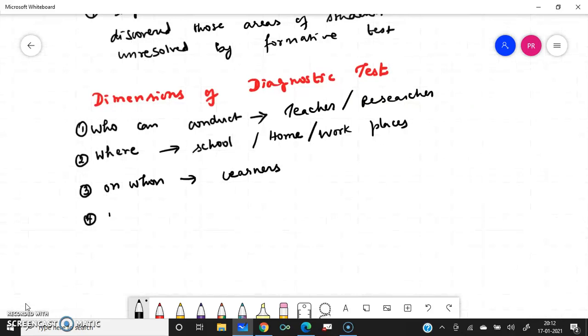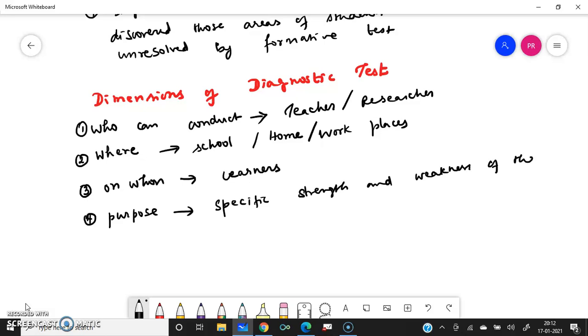Then what is the purpose of a diagnostic test? Specific strength and weakness. Students' specific strengths and weaknesses are what you are going to find. So where the student is good and where the student is making mistakes.